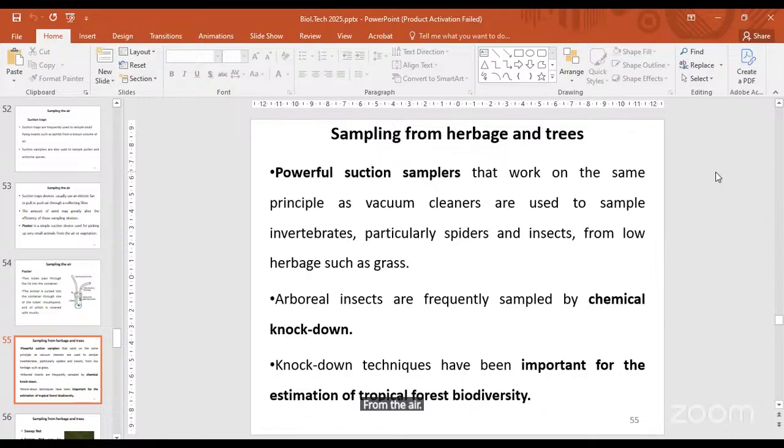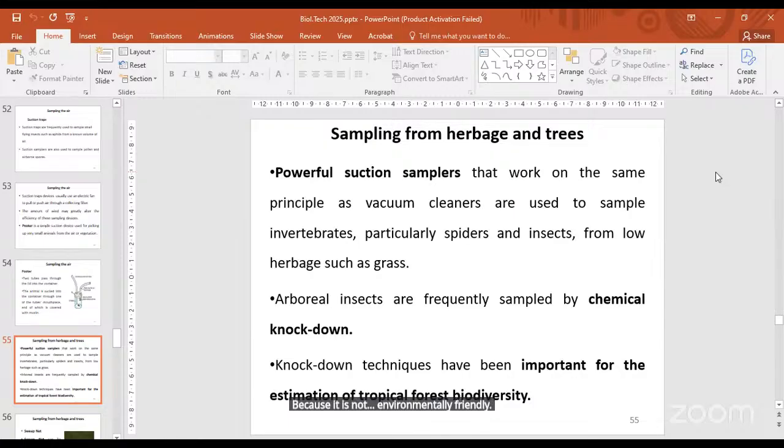That is one. Another method that you can use is chemical knockdown. Chemical knockdown is the controlled use of chemicals to knock down insects. This should not be overused because it is not environmentally friendly.